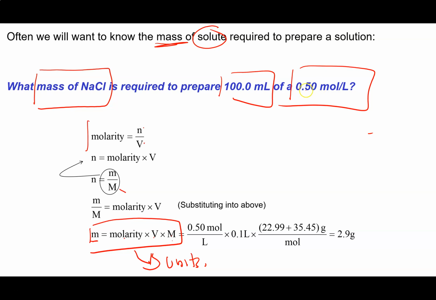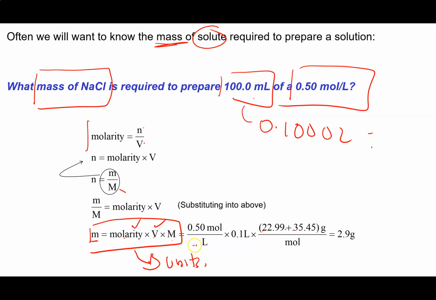So our molarity, 0.5 moles per 1 liter. Our volume was 100 milliliters, which is the same as 0.1 liters. We got the volume. And then the molar mass of our solute, well, it's sodium chloride, so we've got the mass of a sodium plus the mass of a chlorine.